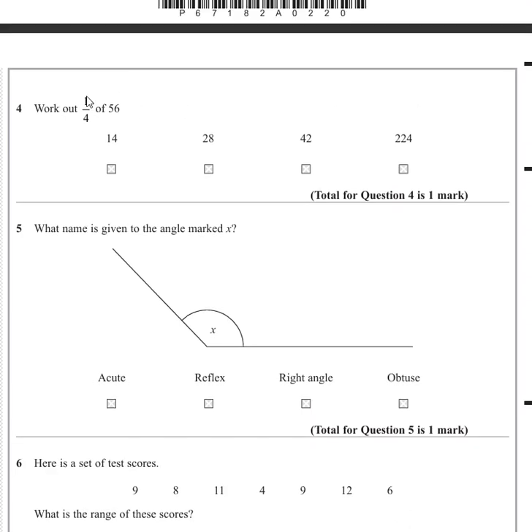Okay, so work out 1 over 4 of 56. There are too many ways to work this one, but I think I said that before. When the number is in the denominator and 1 above, we can see it as 56 divided by 4.